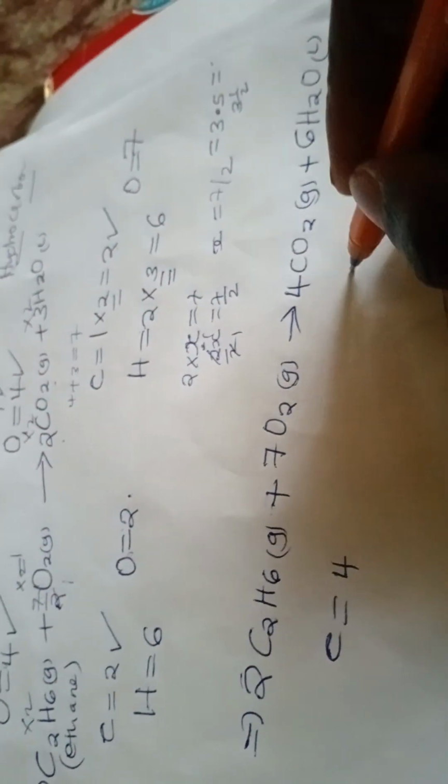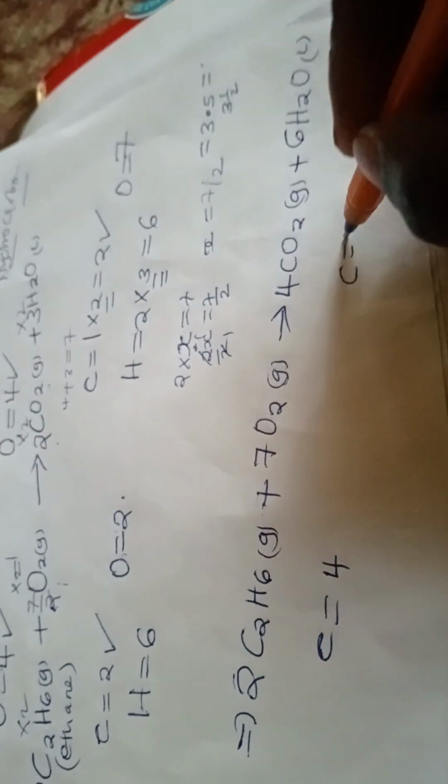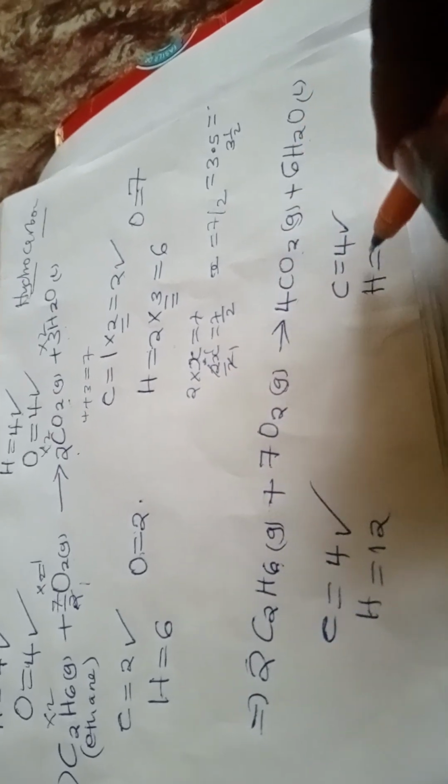Carbon ni ngapi sasa? Ni 2 times 2, 4. The other side carbon ngapi? Ni 4, sababu hii tu ni oxygen. Then kuna hydrogen sasa ni ngapi? 6 times 2, 12. Hydrogen on the other side ni ngapi? 2 times 6 ni 12.